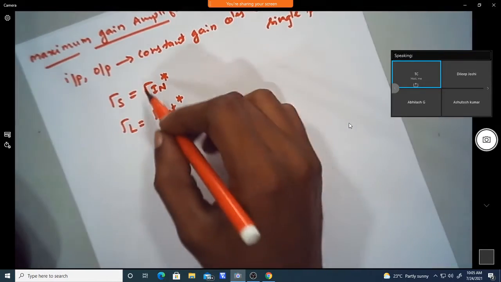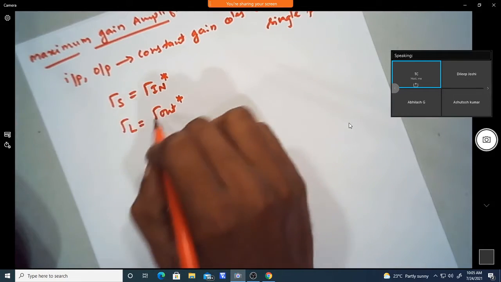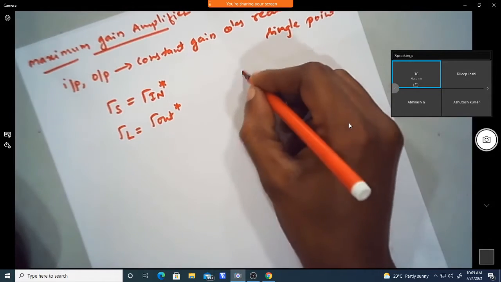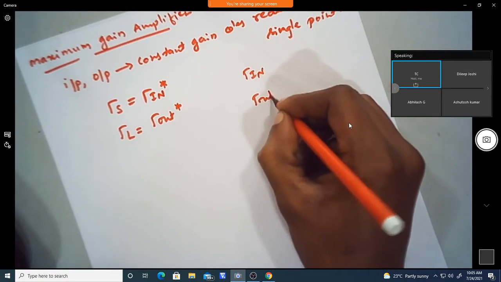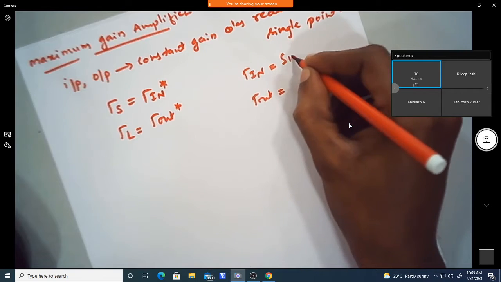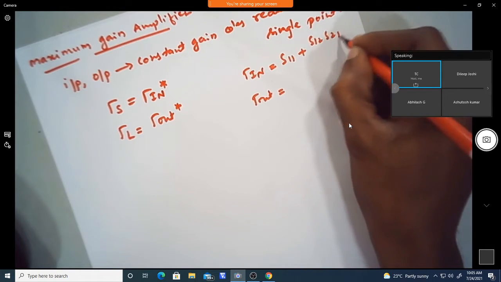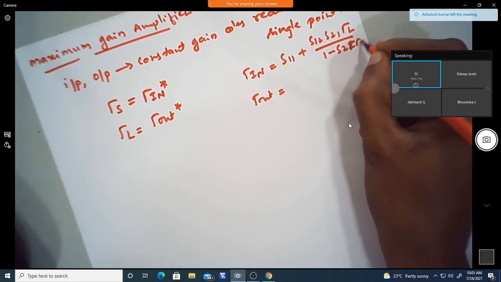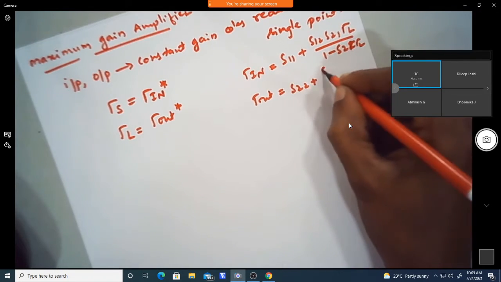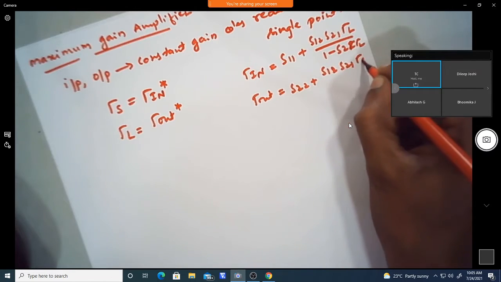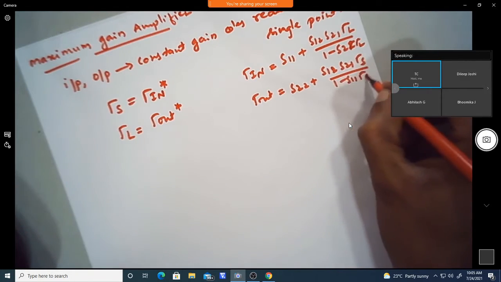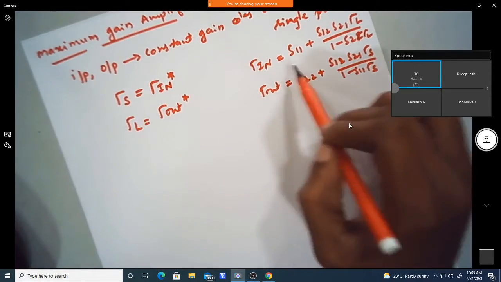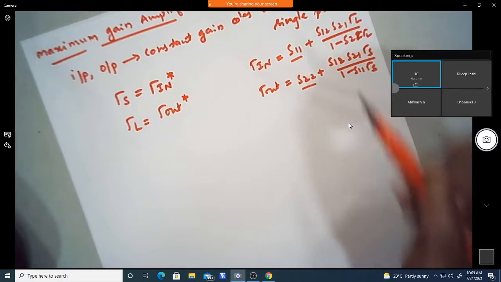After getting this, these values we generally get from the gamma in expression, where we have gamma in and gamma out in terms of S11 and S22. That is S11 plus S12 S21 gamma L divided by 1 minus S22 gamma L, and similarly S22 plus S12 S21 gamma S divided by 1 minus S11 gamma S. Whatever expressions we have, gamma S and gamma L reduce to S11 and S22.